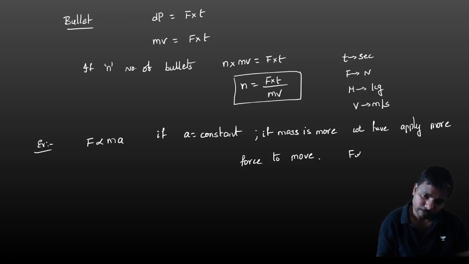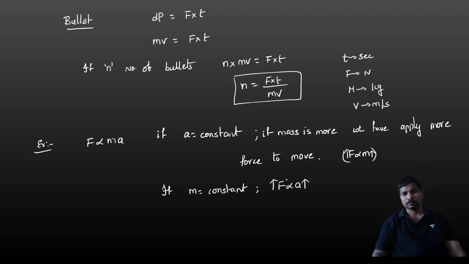Okay, so it is F proportional to m. If the mass is more, we have to apply more force. If mass is constant, in this case, F is proportional to acceleration. To get more acceleration, we have to apply more force.